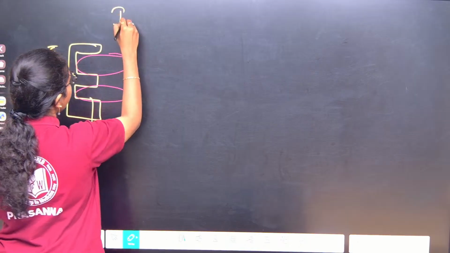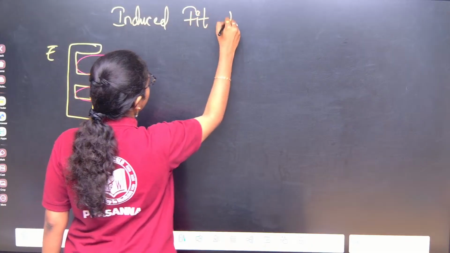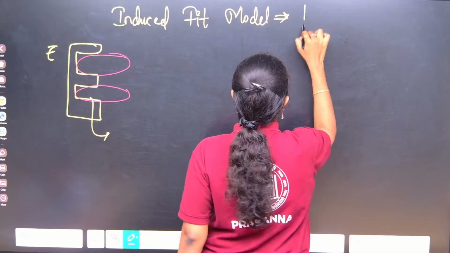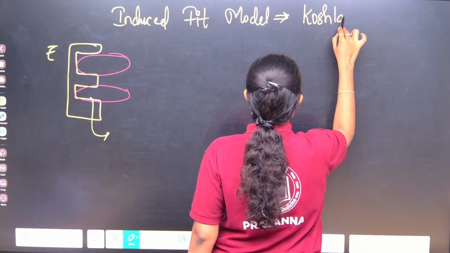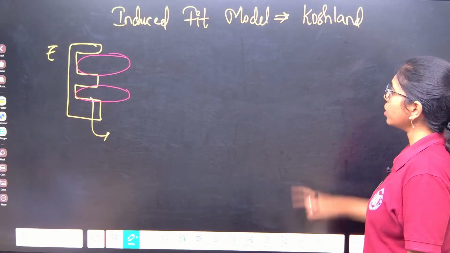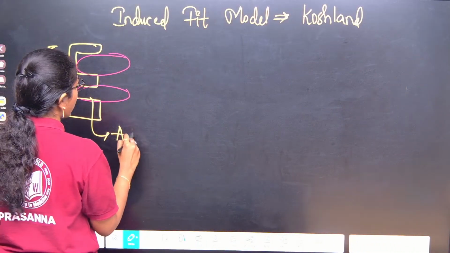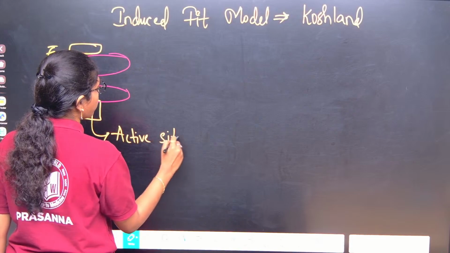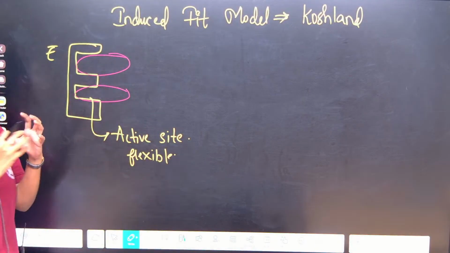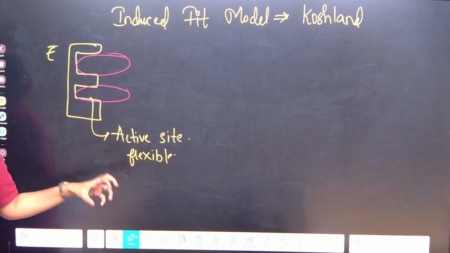According to the induced fit model, which is given by Koshland, which is the most realistic model of enzyme substrate complex formation, the mechanism of enzyme action, the active site of the enzyme is flexible, where it can modulate according to the substrate size. As such, the substrate can fit into the active site of the enzyme.